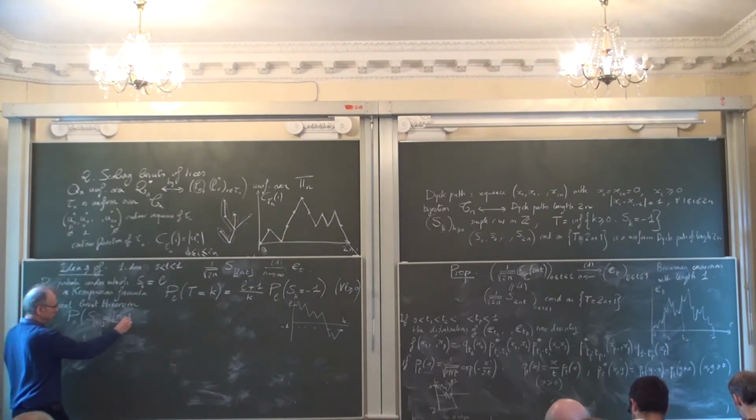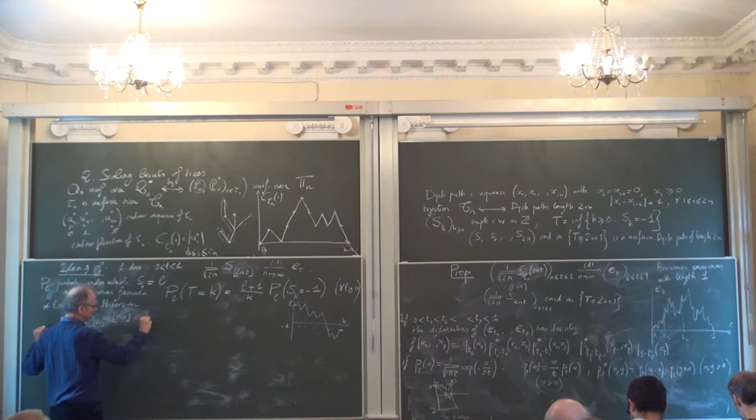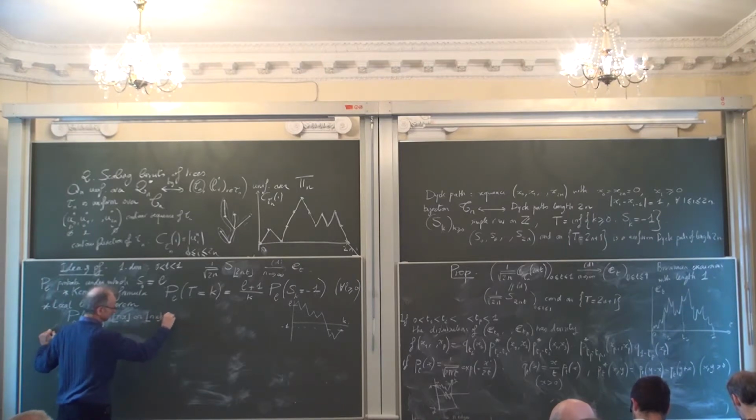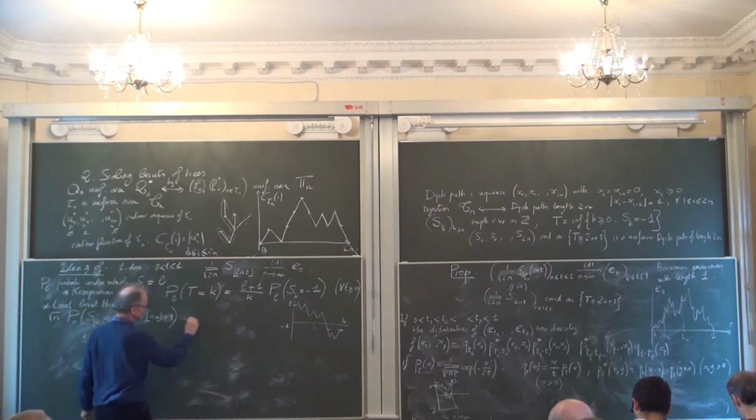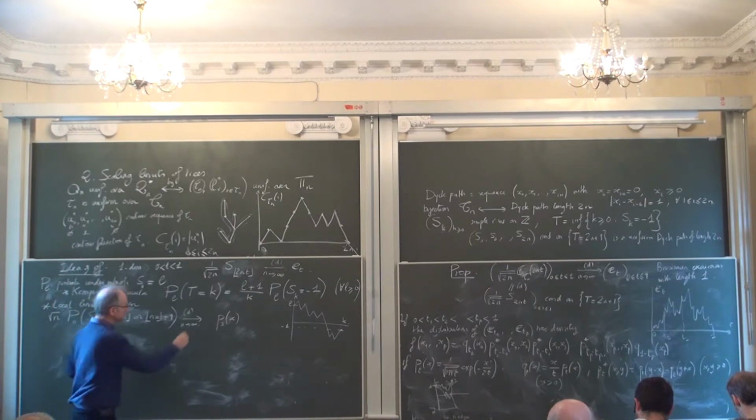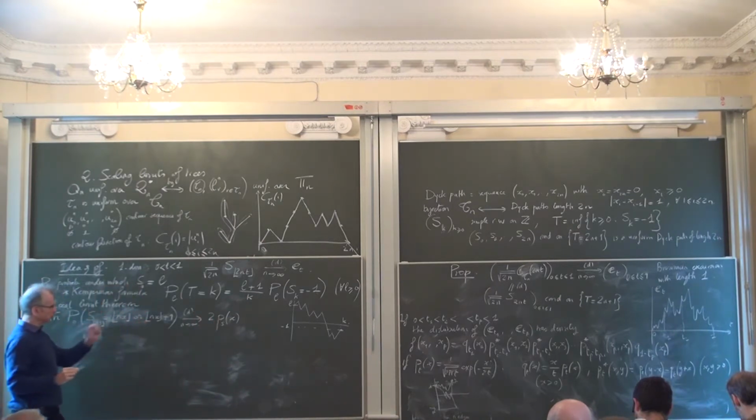So I should put here nx or nx+1, because it depends on parity. So you multiply this by square root of n. This converges in distribution to essentially the Brownian density which is there. And there is a factor 2 because I have considered 2 values here.